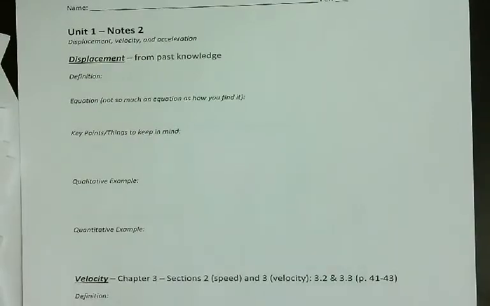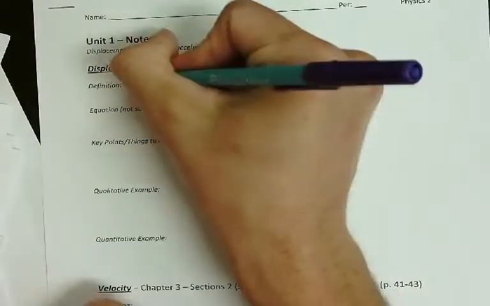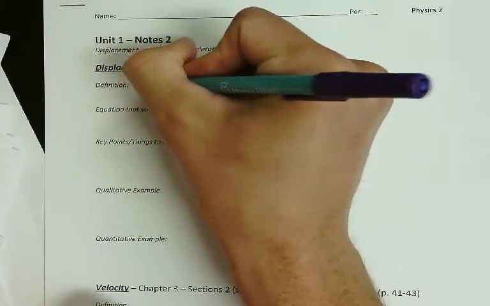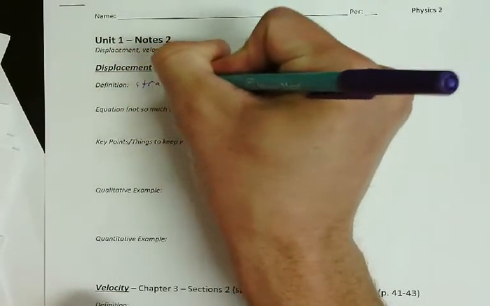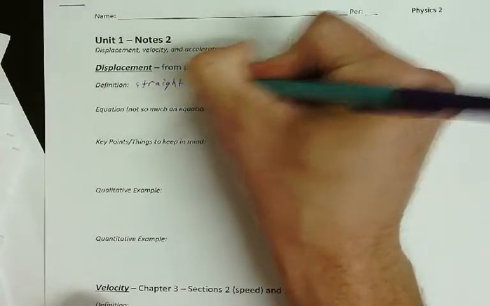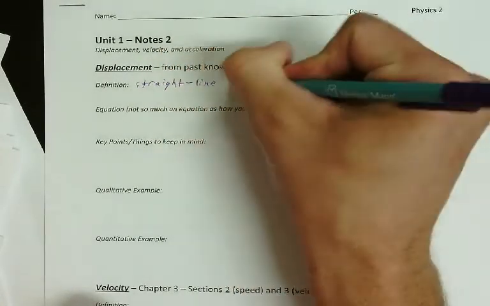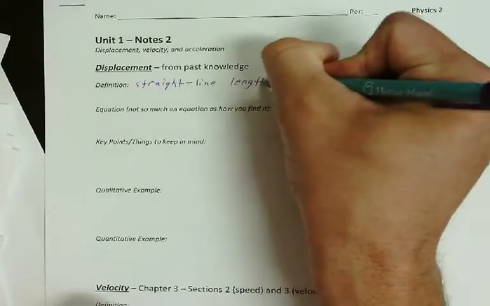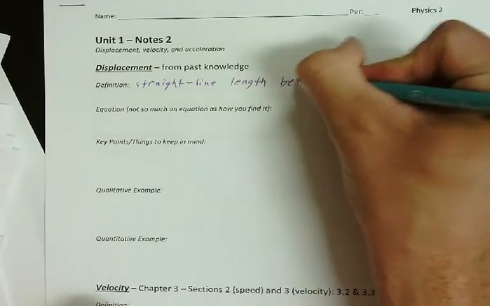All right, number one, definition of displacement. Displacement is the straight line length between 2 points.